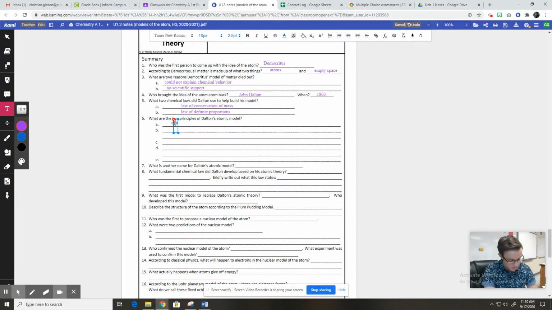The first part of his model was that all elements are composed of atoms. Pretty solid so far, right?